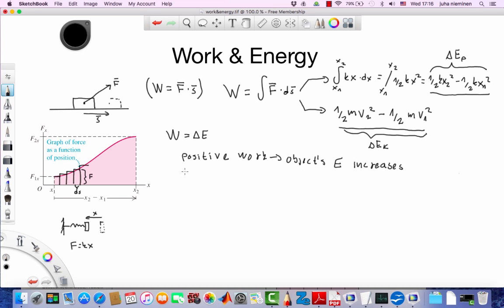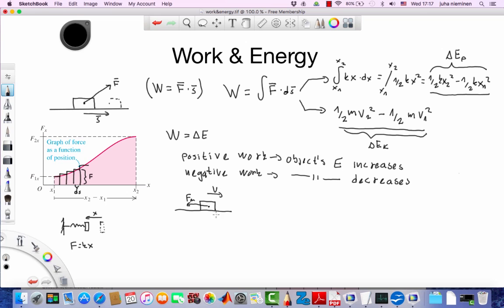And the other way around, if we have calculated negative work, the object's energy decreases. One example of negative work would be friction. Okay, let's draw it again. So we have a surface and we have a box sliding on the floor. It has some velocity and it has friction acting this way when the box is moving that way.